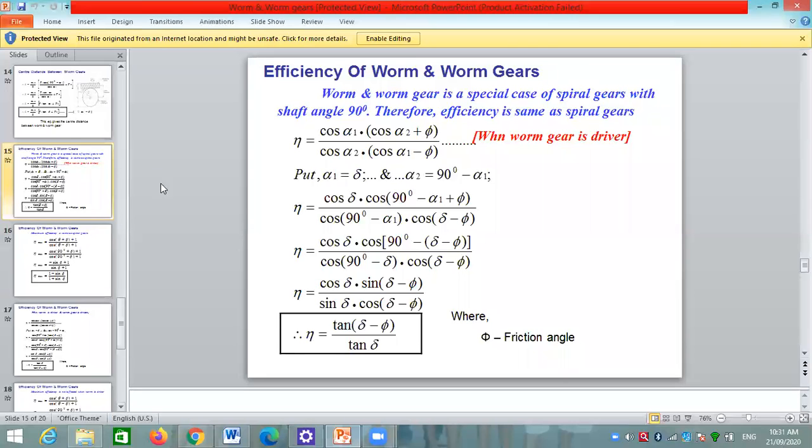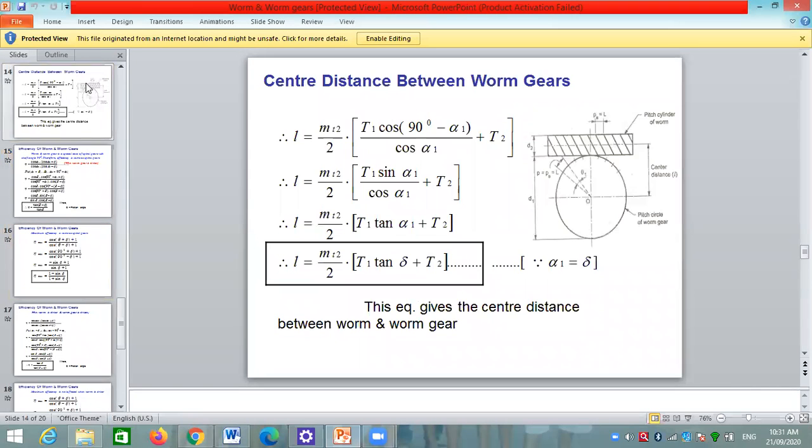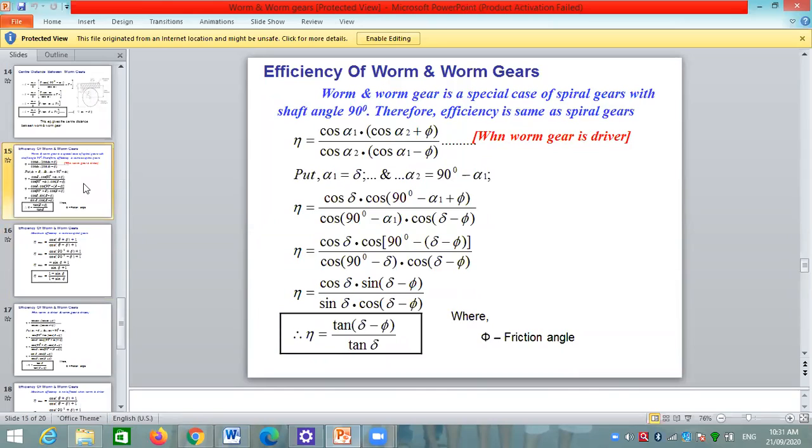Now, the next topic is efficiency of the worm and worm gear. There is one question asked in the exam: derive the expression for efficiency of the worm gear when the worm is a driver.